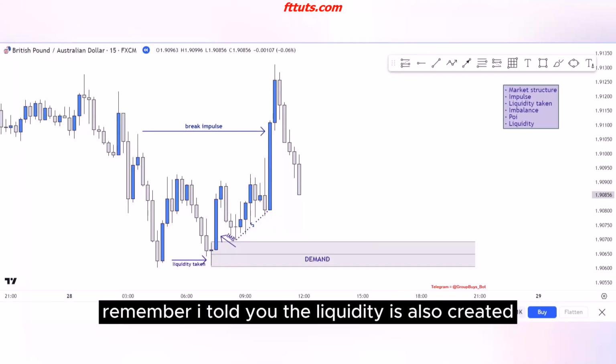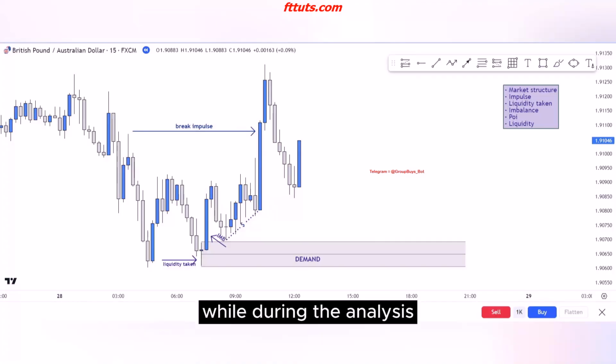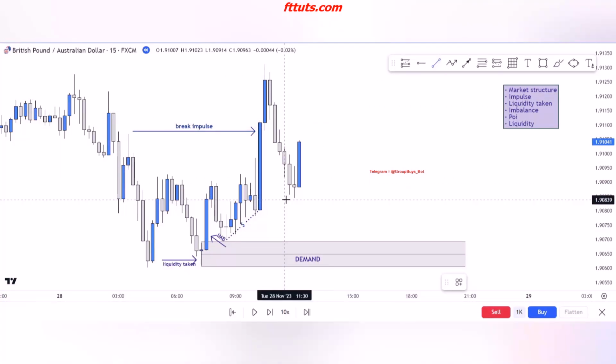Remember I told you the liquidity is also created during the analysis? This is an example of that.